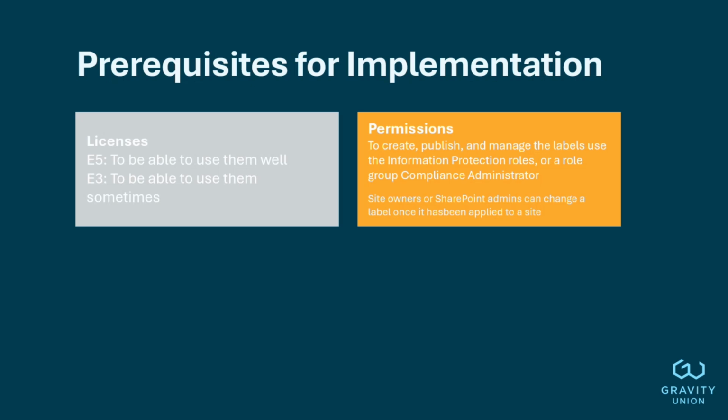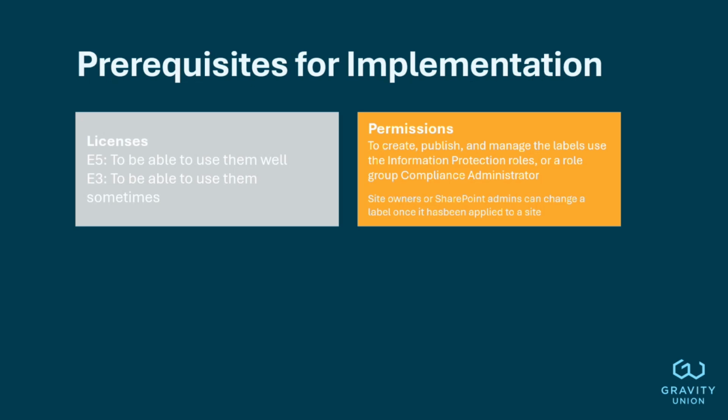And that is also in the compliance administrator. So if you are looking for more broader Purview access, compliance administrator is recommended. It gives you access into things like the data loss prevention portal, as well as other areas within Purview.